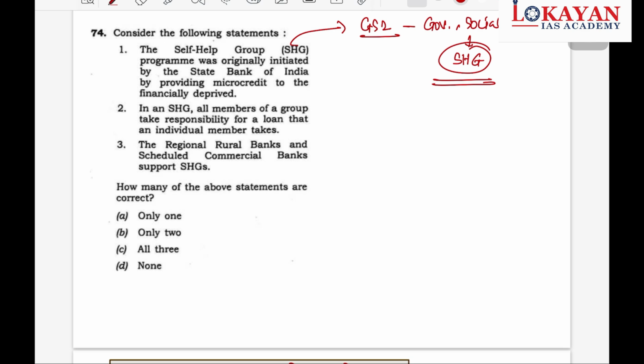Now read the first statement. The self-help group program was originally initiated by the State Bank of India by providing microcredit to the financially deprived. This is incorrect because the microcredit program was started by NABARD, not the State Bank of India.